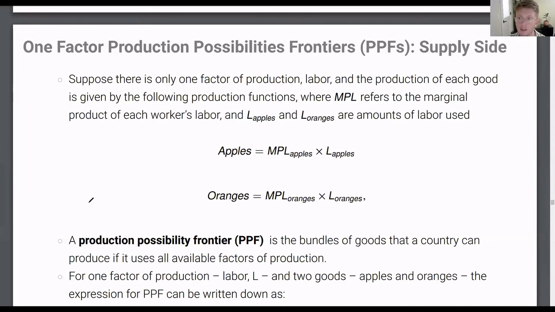And suppose that we know that there's going to be full employment. That is, every person who's a worker in the country is either working in apples or oranges. There's no such thing as unemployment here. Then we know that labor employed in apples plus labor employed in oranges must add up to L bar, which I'm going to call the total population of the country.